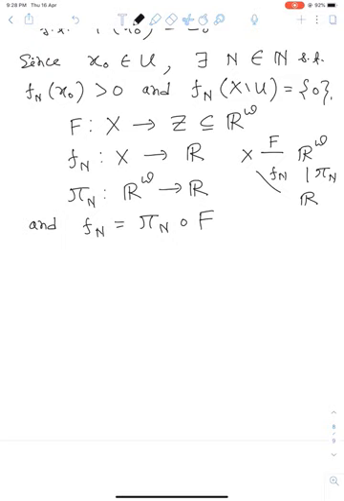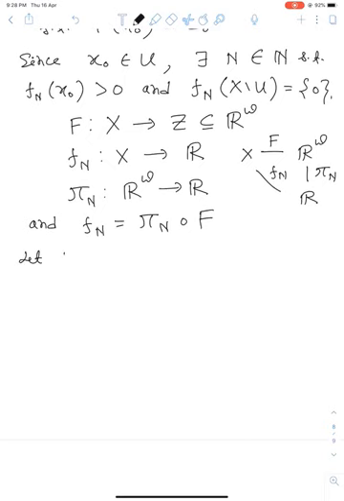If you take the function f_n at the point x_0, it is bigger than 0. So we choose the open interval (0, ∞). Let my set V equal π_n inverse of the open interval (0, ∞), right?